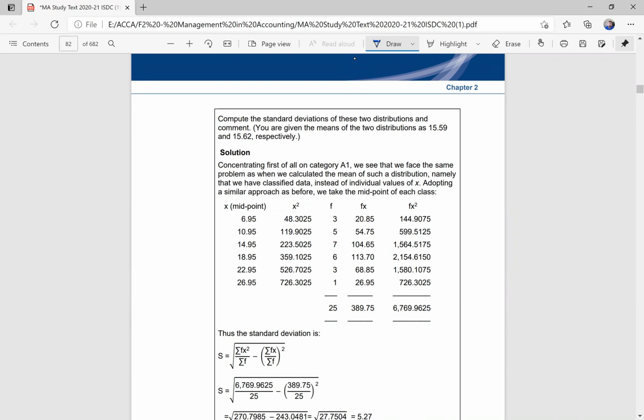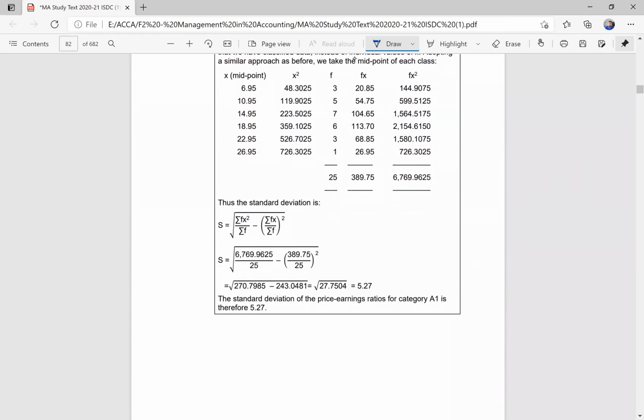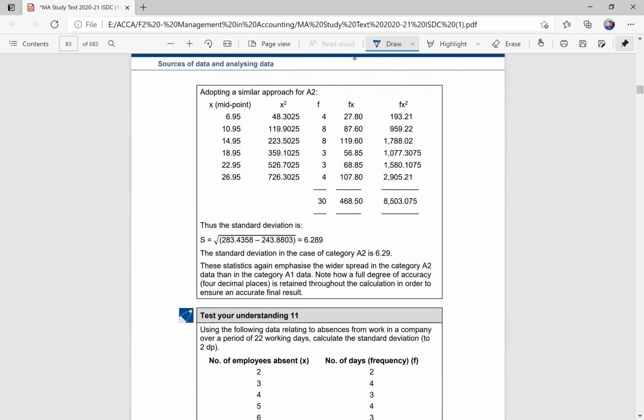Multiply f with x squared to get fx squared, and add the total of it. Then all you need to do is put it in the formula and compute your standard deviation. So the standard deviation of the price to earnings ratio for category A1 is given as 5.27. Same would be the case for A2. There's no difference in it.